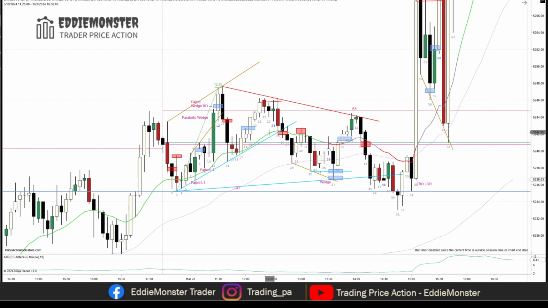Another piece is that 25 is failing the high of the day from yesterday. So this is a resistance, and that will also be a second entry for a major trend reversal probably, right?